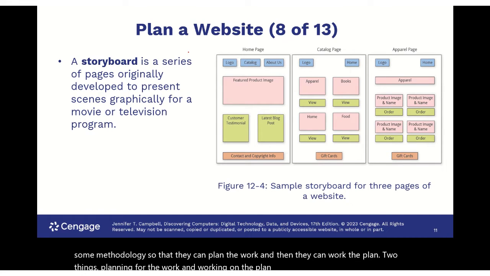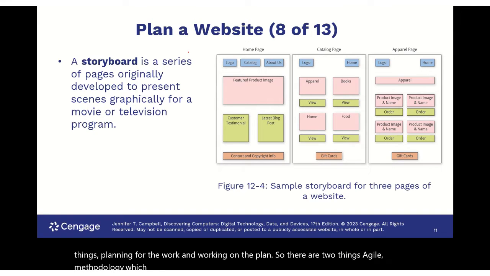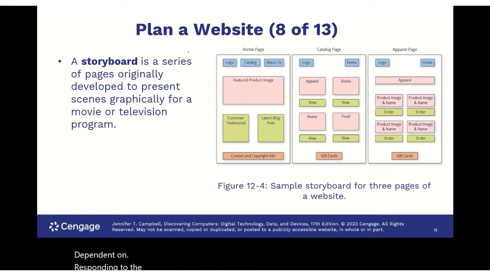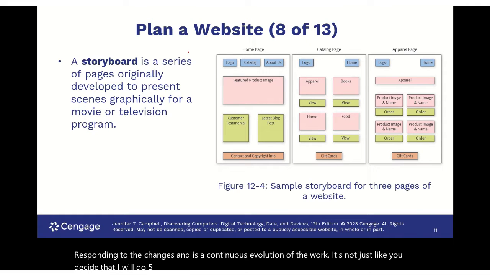So there are two things: agile methodology, which is basically dependent on responding to the changes and is a continuous evolution of the work. It's not just like you decide that you will do five things today for the next 1 year, because the global information landscape is always changing.